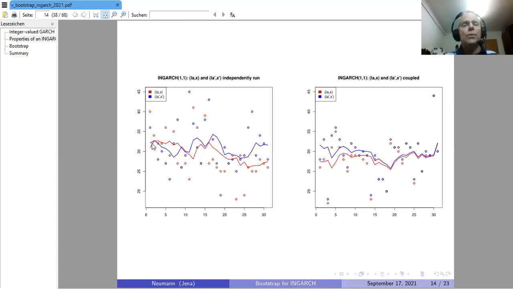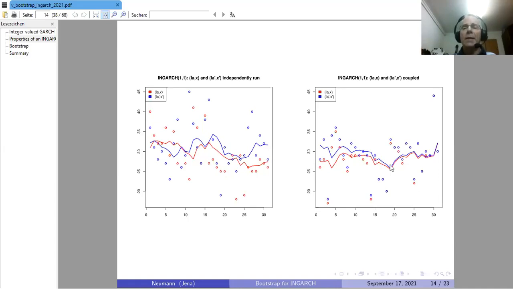There's really no dependence between these two versions, as can be seen from the left picture. And on the right picture, you see what's going on when we couple these two processes. Here at time 0, these two processes are started independently. And because of this contraction property, these two intensity processes get closer and closer.